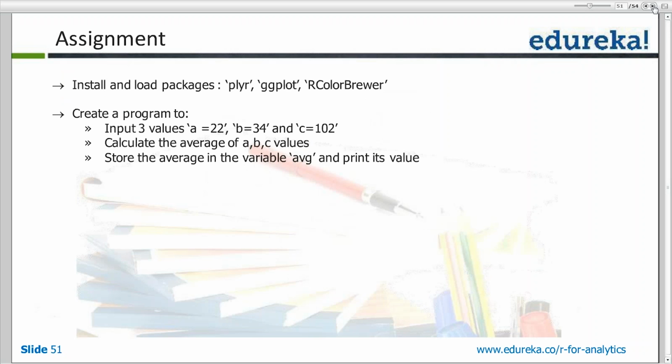Okay. We have an assignment as well, which you would have to do soon after you have finished installing our CRAN and then our Studio. Please install these packages PLYR, ggplot, and R color brewer, and you can create a program to input certain values into certain R objects, and then do some elementary calculations like average and then printing the result of that average.